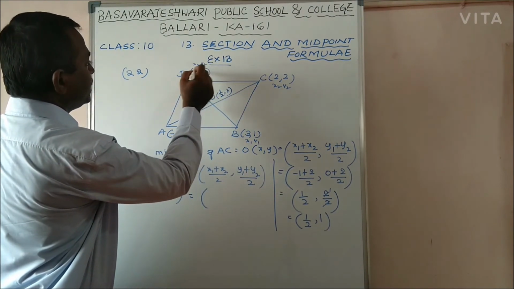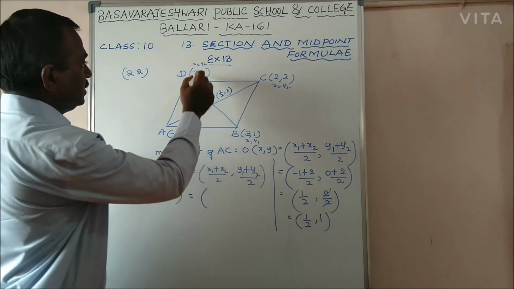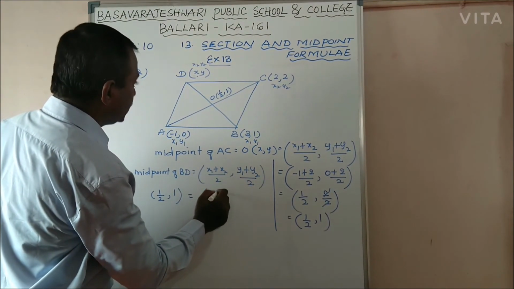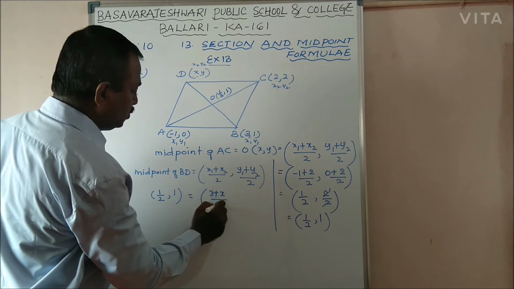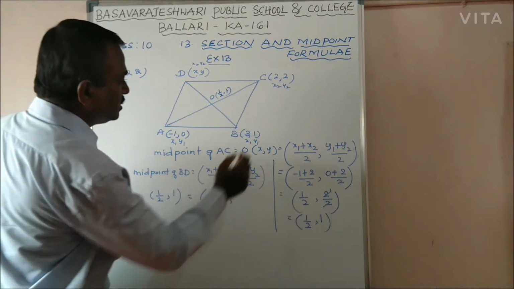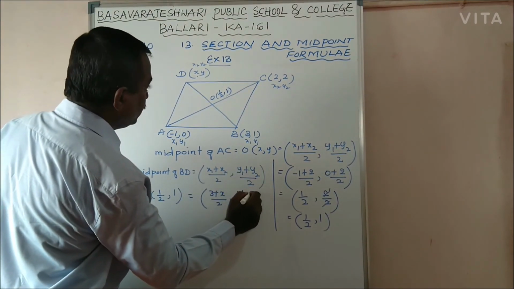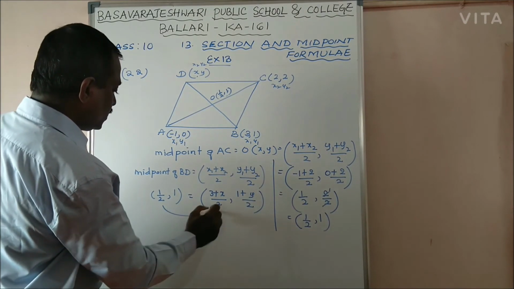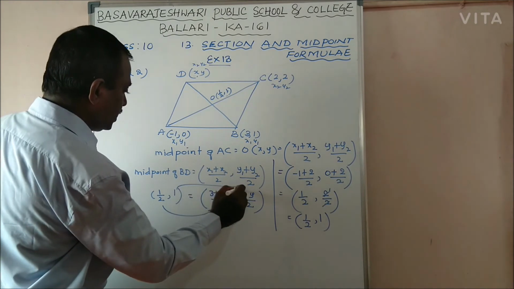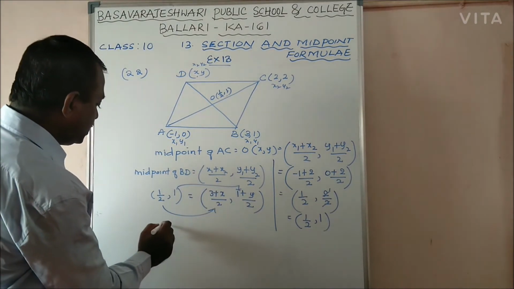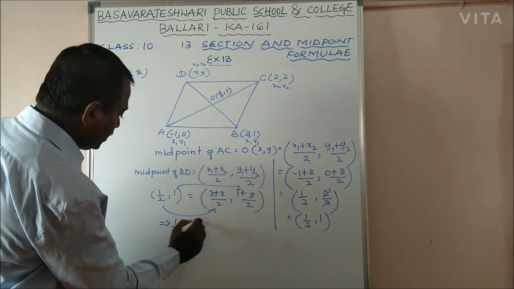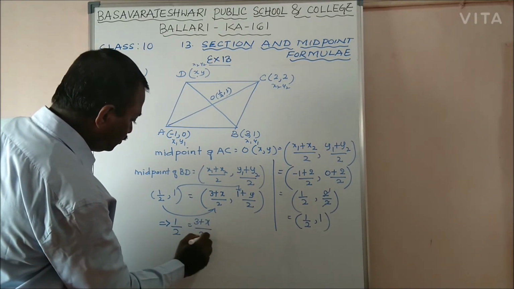You can take this as (x, y). Now x1 is 3 plus x2 is x, over 2; y1 is 1 plus y2 is y, over 2. Now we can equate x coordinates with x coordinates, y coordinates with y coordinates. Therefore, this implies 1/2 is equal to (3 + x)/2.